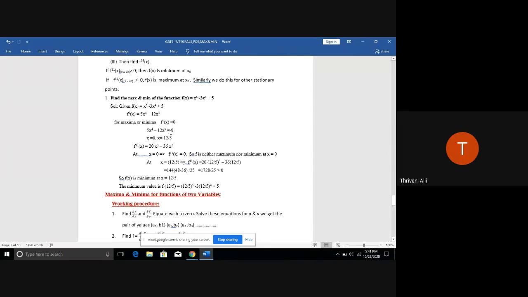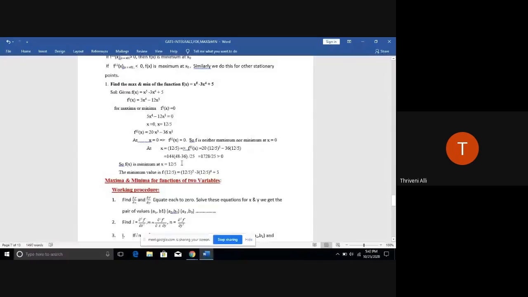What is the minimum condition? If f double dash of x is greater than 0, after substituting that value, the given f of x is minimum at x equal to 12 by 5. The minimum value is obtained by substituting 12 by 5 in the given function.